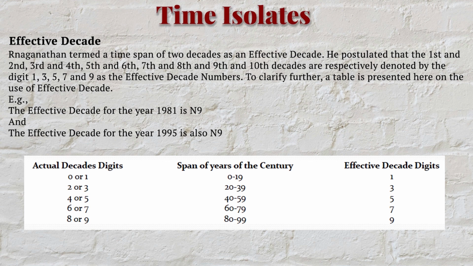And if the actual decade digits are 8 or 9, that is the span of the years that covers 20 years, 80 to 99, for that the effective decade digit will be notified by 9.